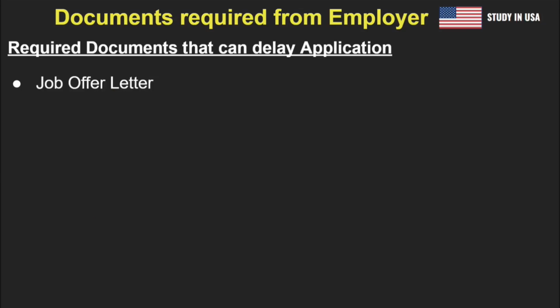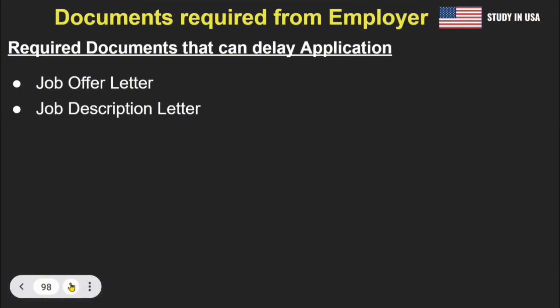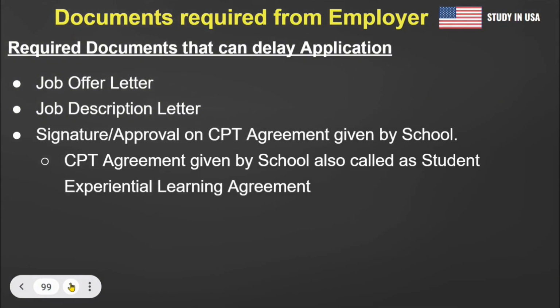Whether you can use an old job offer letter or not, I can explain in detail when I mention the job offer letter requirements. So just remember, a job offer letter is required. You also require a job description letter. Even if you get a promotion or if your role changes within your company, you would require a job description letter of your new roles and responsibilities.